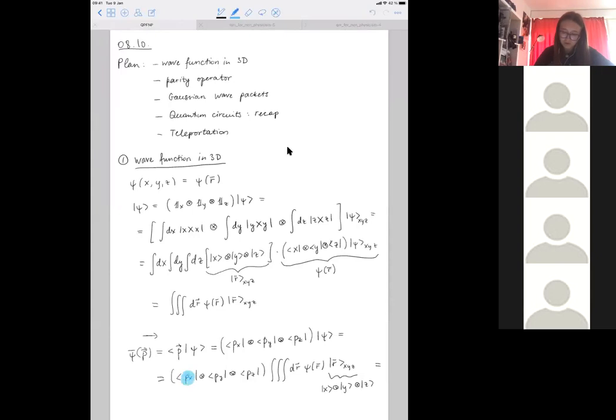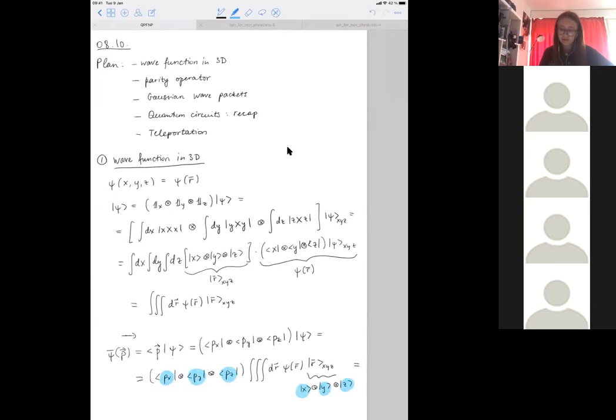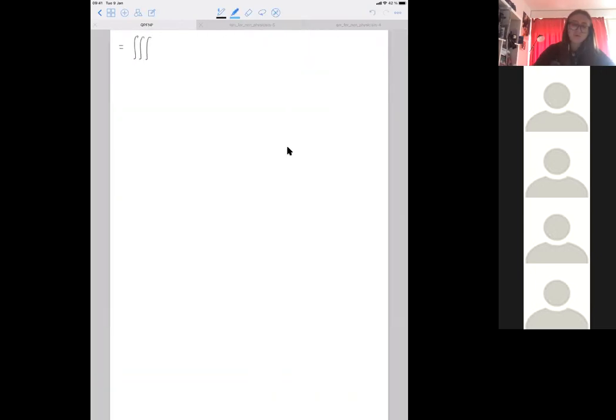So we just need to put ⟨px| together with |x⟩, ⟨py| with |y⟩, and ⟨pz| with |z⟩, because they are the ones which live on the corresponding Hilbert spaces. We arrive at the integral dr, psi of r, then ⟨px|x⟩, ⟨py|y⟩, ⟨pz|z⟩.